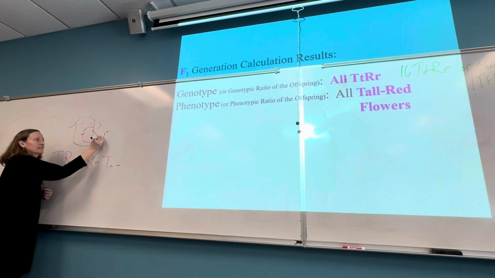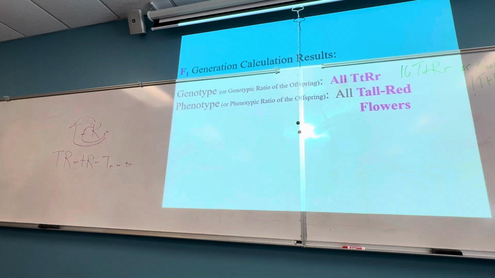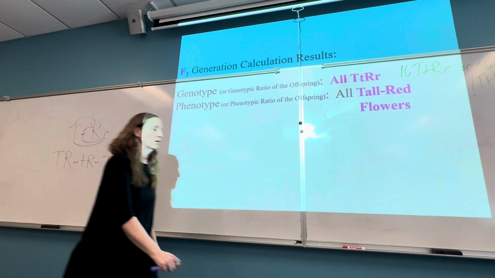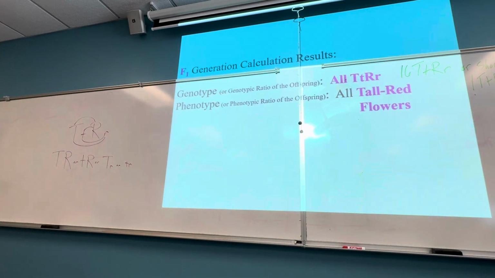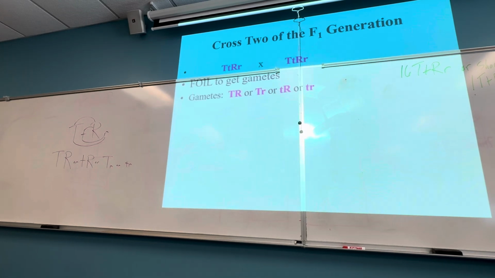And our last: little t and little r. Those are our 4 possible gametes from each of our parents, because we're going to mate them together, or we're going to do a self-mating thing. Both parents are going to be big T, little t, big R, little r. And when we FOIL, we get those gametes.